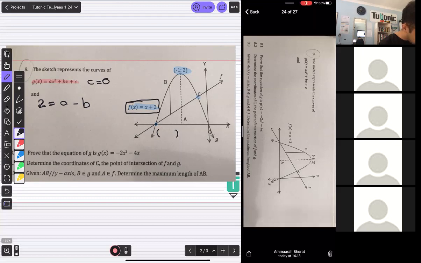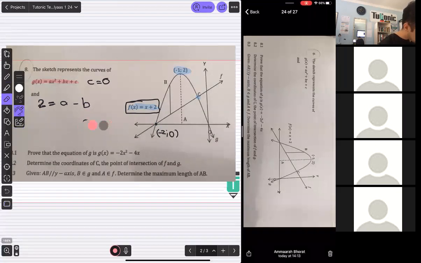How could you find the x-intercept of the straight line graph? You make y equals 0. So if you make y equals 0, then naught equals x plus 2. Therefore, x is minus 2. So now you know that the point here is minus 2, 0. You guys see that?